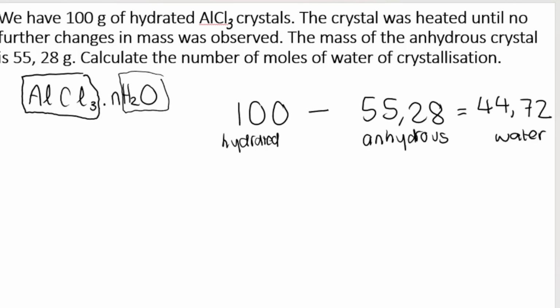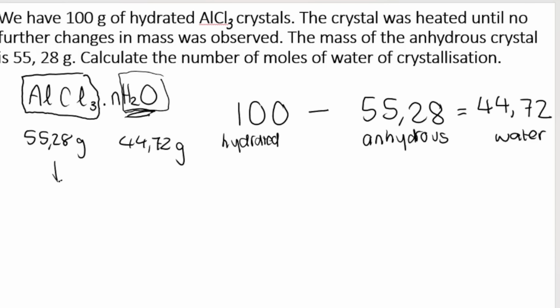Now, how does that help me? I now have the mass in grams of H2O, 44,72 grams. I also have the mass in grams of the anhydrous crystal, basically just the AlCl3. So just this left part over here of my formula. That is 55,28 grams. Now remember, in stoichiometry, moles is absolutely everything. I'm looking for the number of moles of water of crystallization.